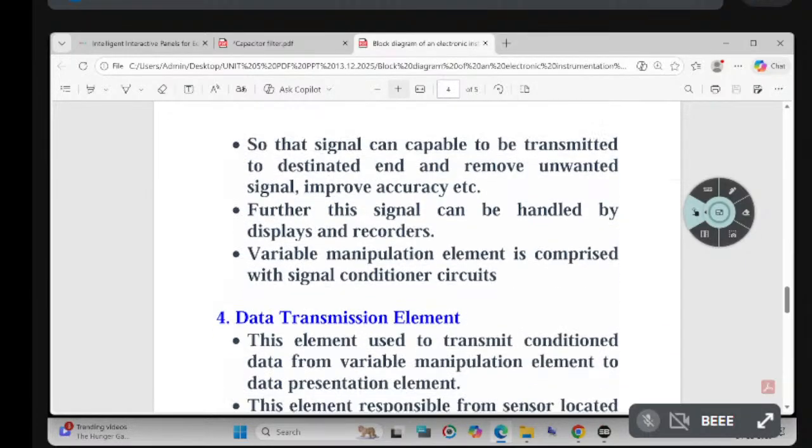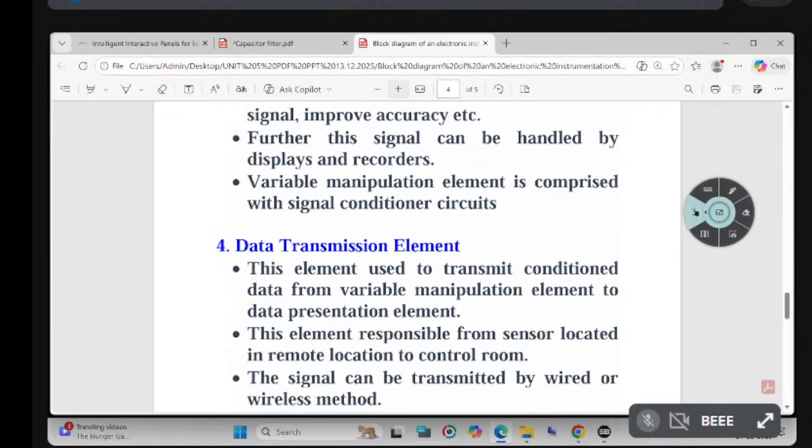Next one, data transmission. Now we have to send the data. This is very important. This element is responsible for carrying the signal from a sensor located in a remote location to the control room.